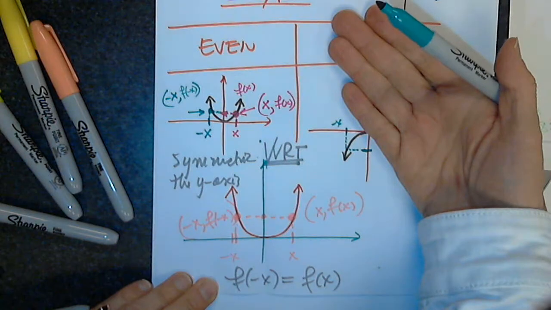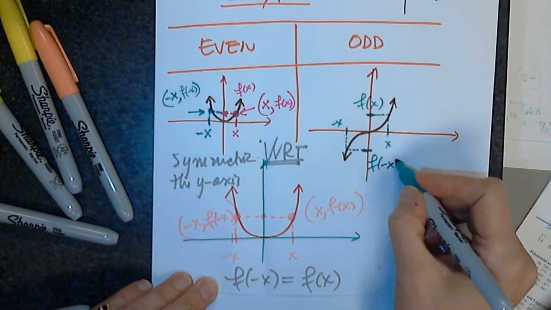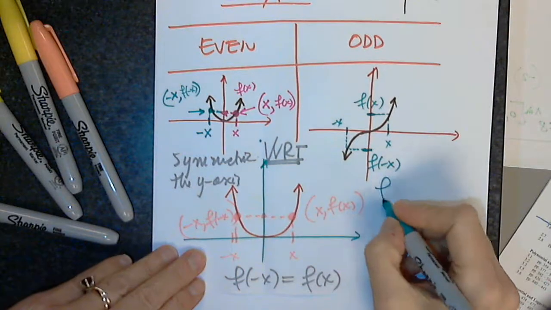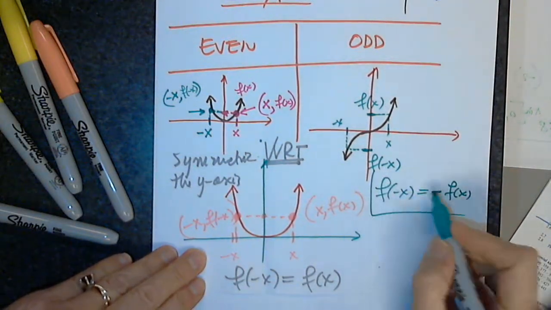And tell me what you get over there. Awesome. Now, please tell me from the graph, what do you expect the relationship between f of negative x and f of x to be? You cannot say equal, right? Opposites. Awesome. Very good. So f of negative x is the opposite of f of x.